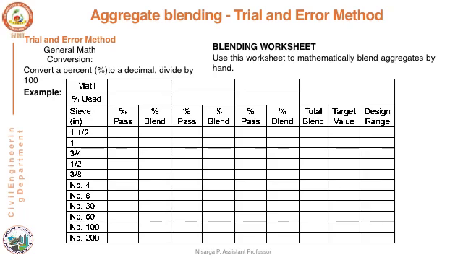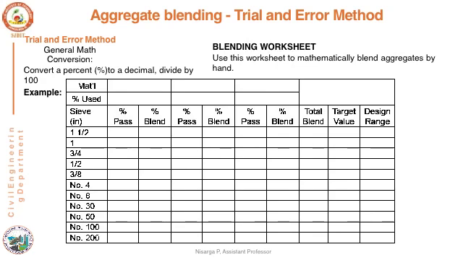Here we should have a blending worksheet. In the first column we have to consider the sieve size, because the results we get after the gradation is done have to be tabulated here.